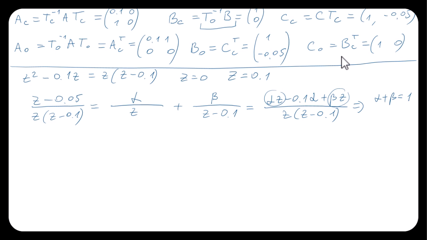And also we have minus 0.1 alpha equals minus 0.05. While we can solve these equations, alpha will be equal to minus 0.05 divided by minus 0.1, so we'll get 0.5. And then we can substitute 0.5 into the first equation and get beta also equal to 0.5.